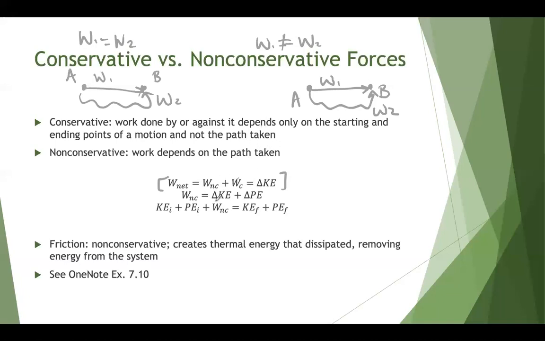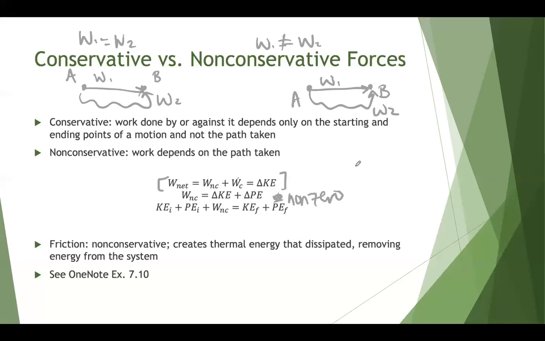Now our non-conservative work also has potential energy and kinetic energy involved with it. So now it's not going to be equal to 0. The change in kinetic energy plus the change in potential energy is non-zero. I don't know why I put an equal sign there, but it's just non-zero.